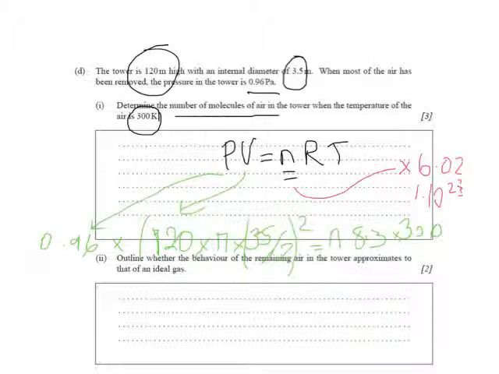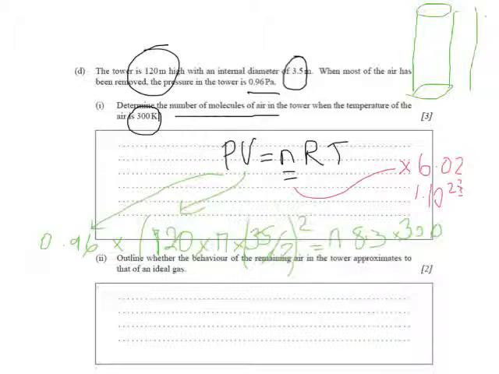Okay, so let's have a look at our values. We have a pressure of 0.96, and careful checking the units as well, because they could have sneaked in a kilopascal there, but they haven't. So it's 0.96. Our volume, well, we don't know what the volume is, but we have to assume that it's a cylindrical shape. Well done those of you who did that.